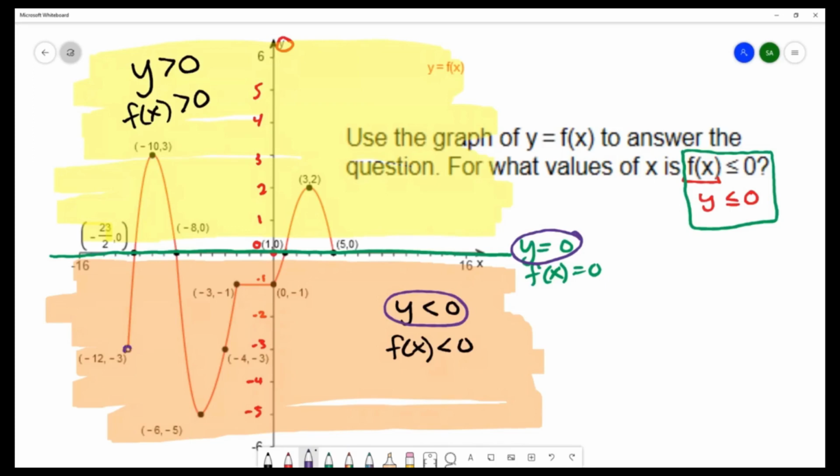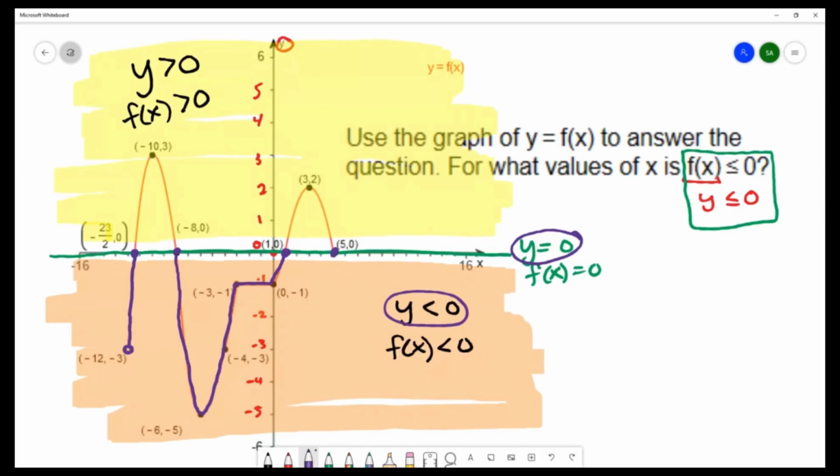So we have an open circle here, and this section here, which is below this point, which is on the x-axis, this point, which is on the x-axis. All of this is below. This point is on, and this point is on.